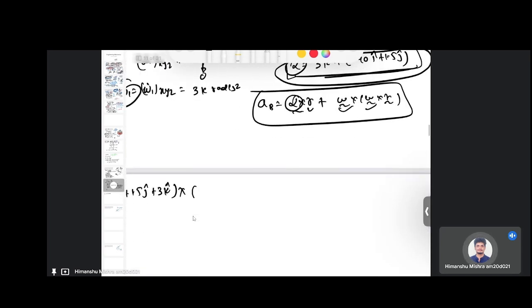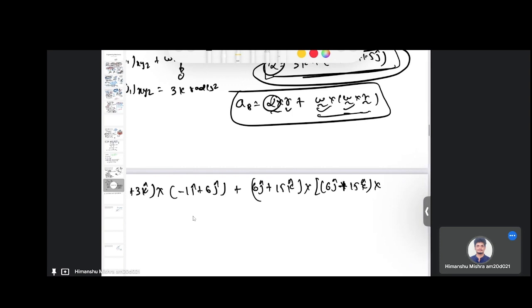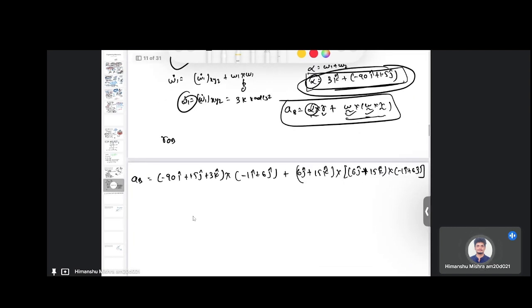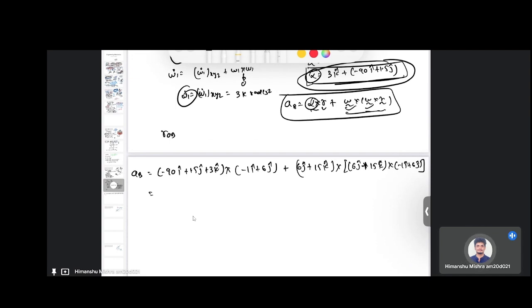So it is minus 1i plus 6j. Then omega cross omega cross r. So overall we need to solve this equation, and in vector quantity it's pretty simple to solve.